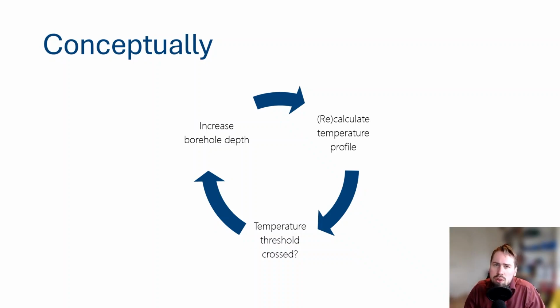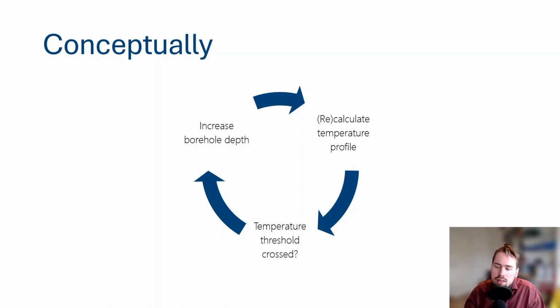So if you have not watched our previous video, you can do so, it's linked in the description below. But conceptually, the method to calculate the required borehole depth is we start with a bore field with an initial depth. We calculate the temperature profile. We check if the temperatures are within the temperature limits we have set.